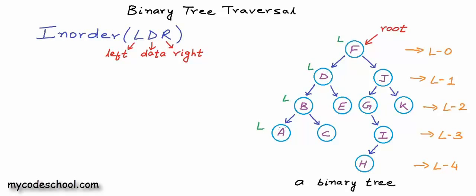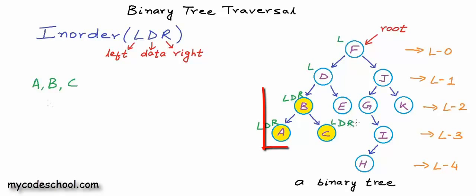Now for A, there is nothing left, so we can say that for this guy, left subtree is done, so we can read the data. And now we can go to its right, but there is nothing in right as well, so this guy is done. Now for B, left subtree is done, so we can read the data. And now for B, we can go right. For C, once again, there is nothing left, so we can read the data, and there is nothing in right as well.